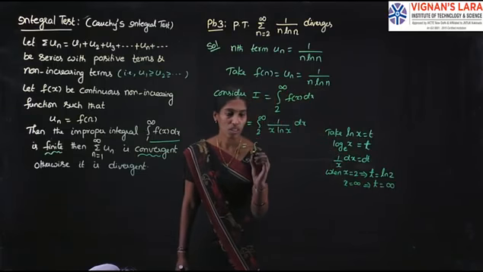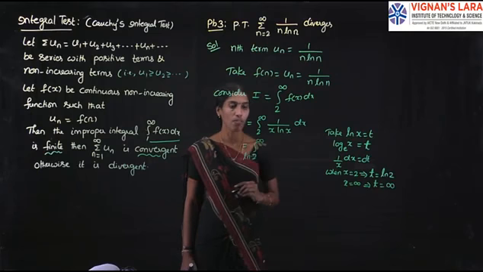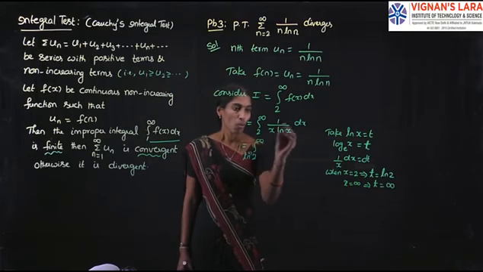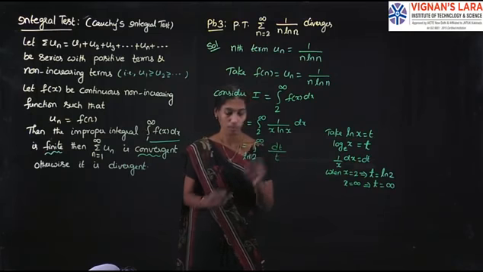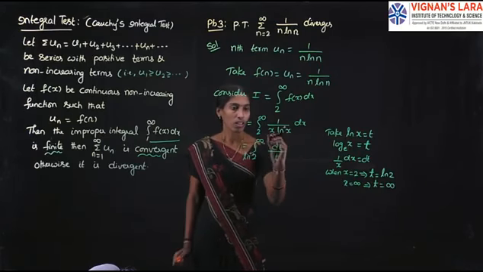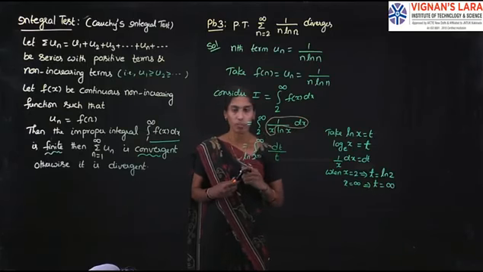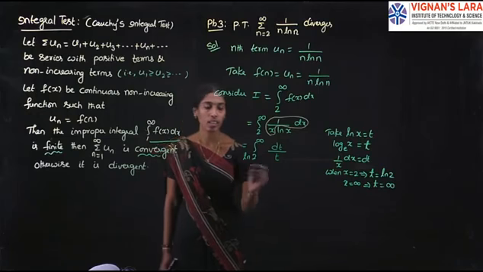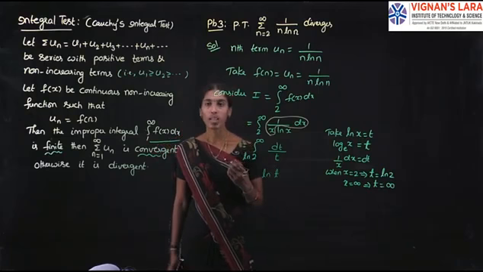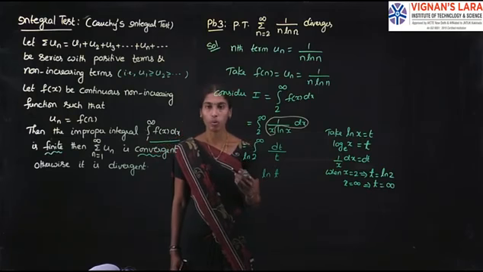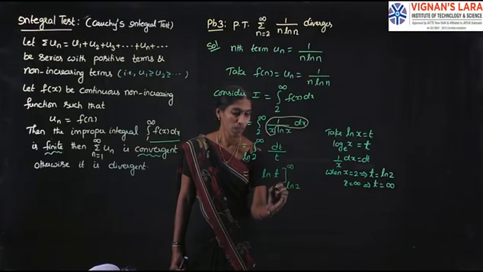So it becomes integration from ln of 2 to infinity, and 1 by x dx is dt, so dt by t. Integration of 1 by t is ln of t. Sometimes we can also write it as log of t, both are the same. So ln of t from ln 2 to infinity.